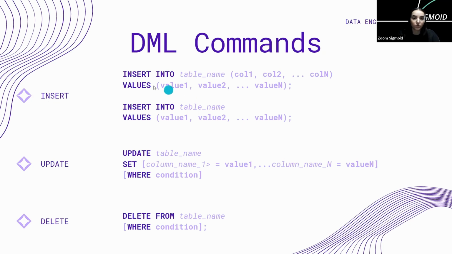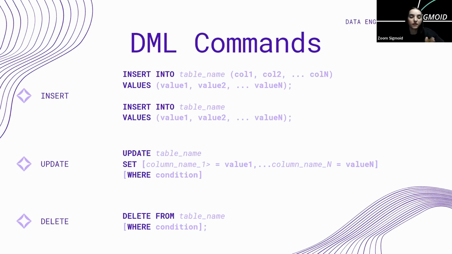It is used in the following way. In order to add some rows in a table, we specify the following: insert into table name, the columns which we want to fill with new records, and values. Also, if we don't mention these columns, it respects by default the structure.